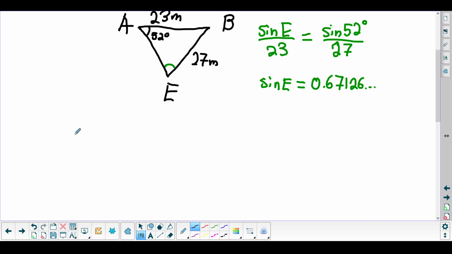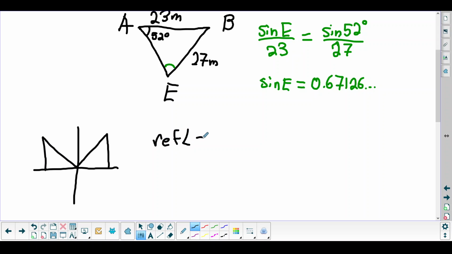Let's draw our diagram. Sine is positive in the top two quadrants. Our reference angle is the inverse sine of 0.67126.